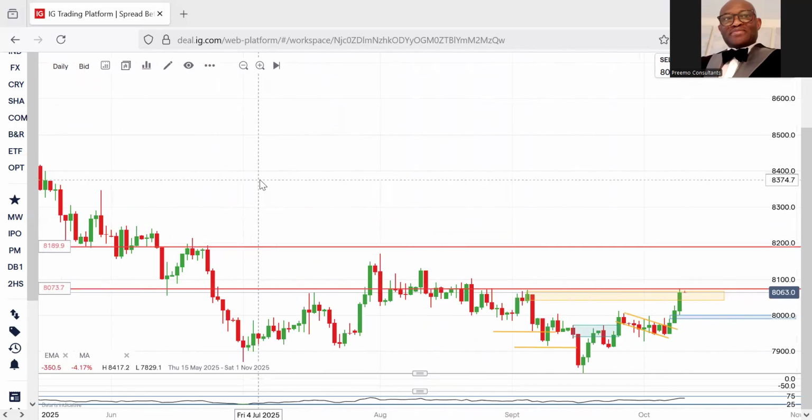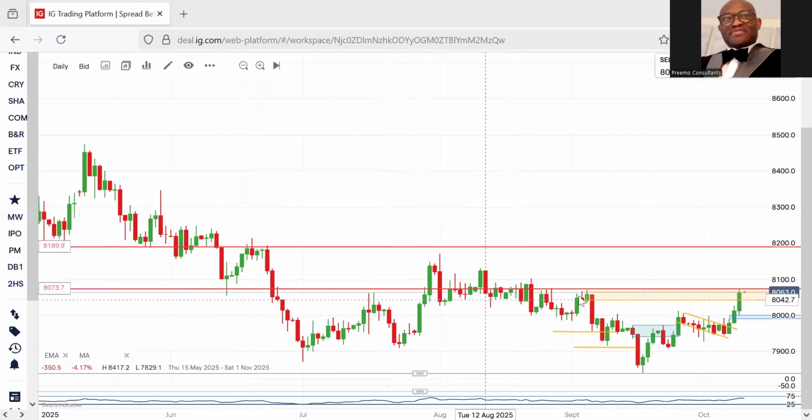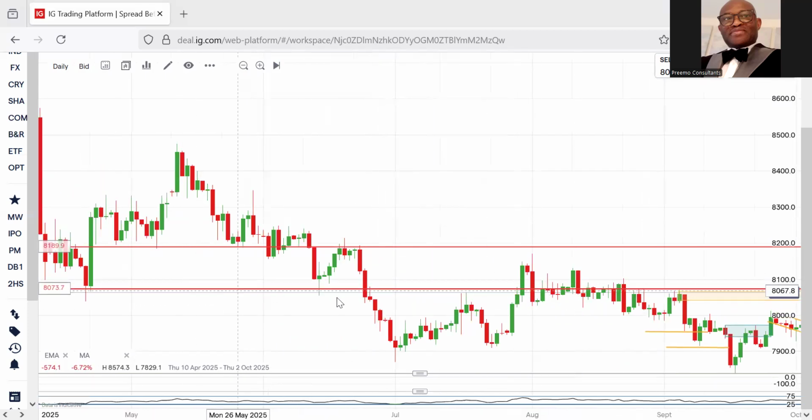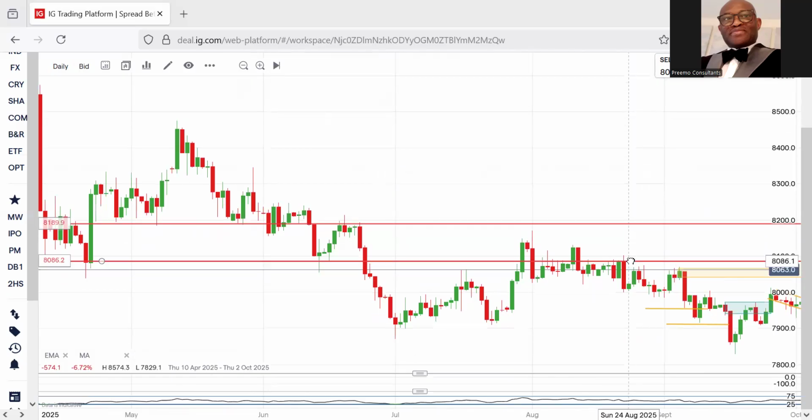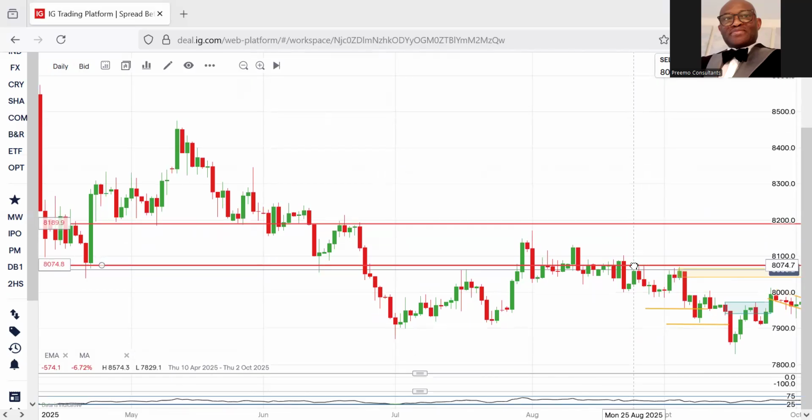And mind you, we are still on daily charts. So the last thing we can say about this pair is there's been a lot of resistance around this zone here, around this area. Right now we got this area where you can see this movement, this zone here.